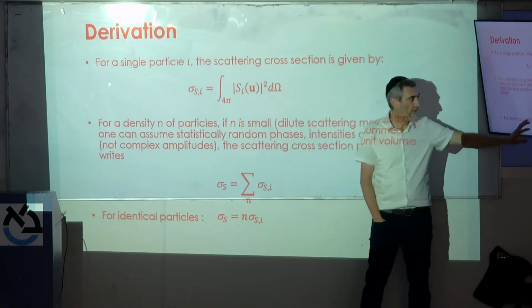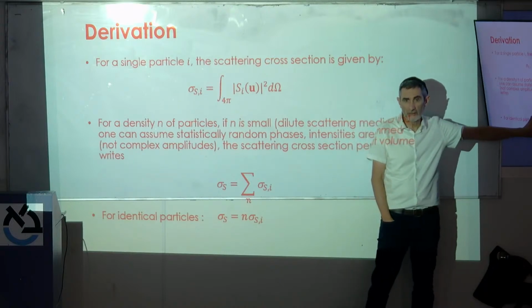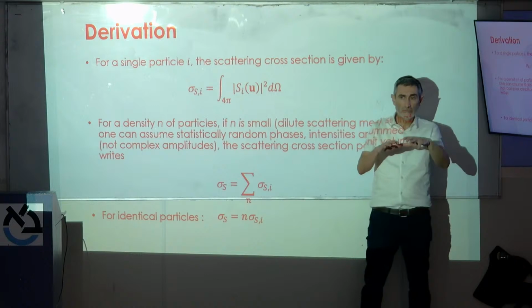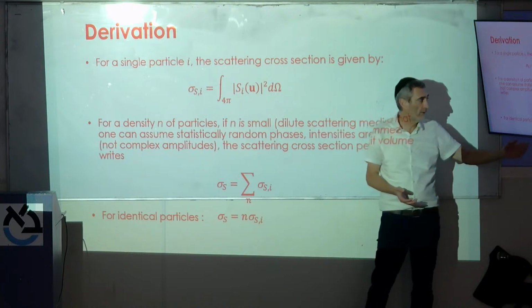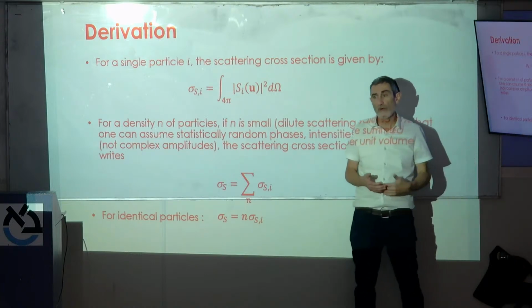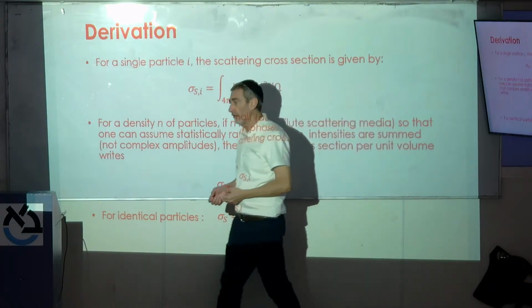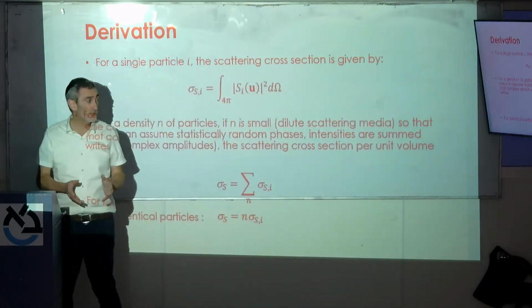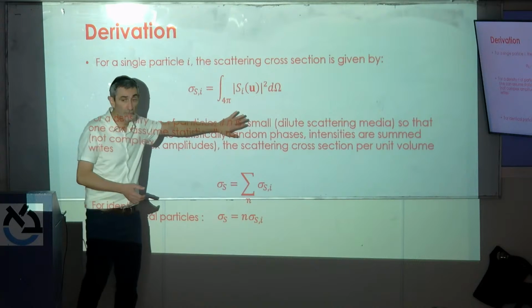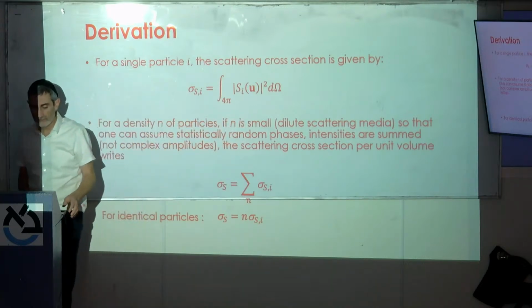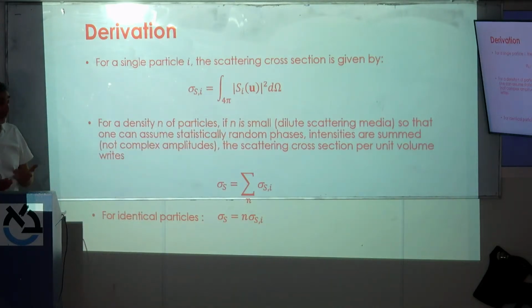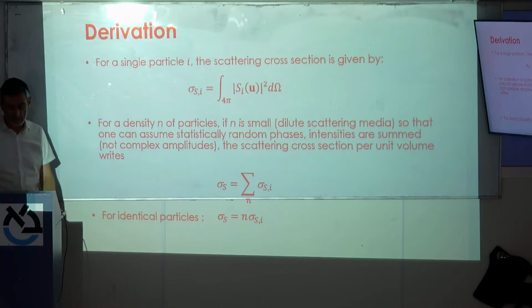This is a very strong approximation, to say the macroscopic scattering of the medium is the sum of all the scattering of all particles. This is true in the case of a dilute sample, while you are still in the single scattering approximation.